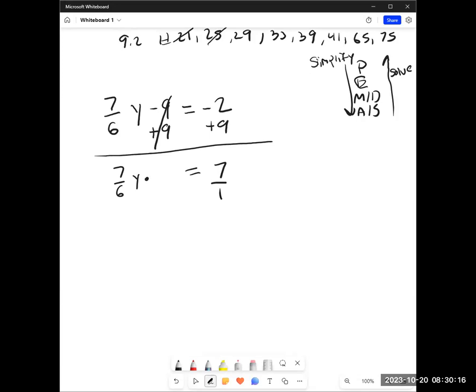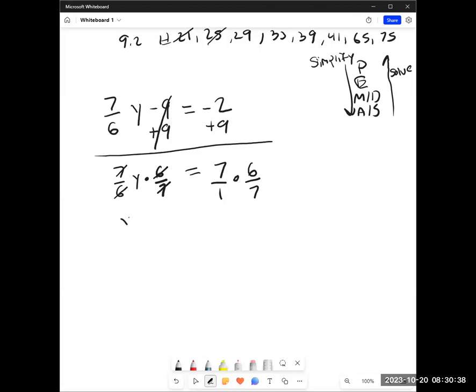We can both multiply by 6 and divide by 7 at the same time. Multiply by 6 over 7, which is the reciprocal of 7 over 6. What I do to one side, I have to do to the other side. And this 6 divided by 6 is going to make a 1. And this 7 into that 7 is going to make a 1.